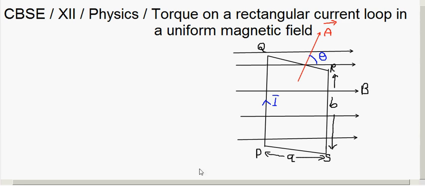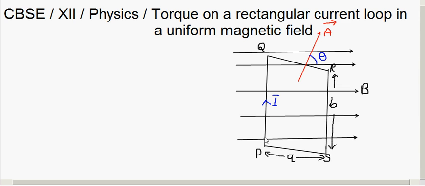Now what happens here is, when you consider the force on the sides PS and QR, the two forces will be equal and opposite, and they are collinear, meaning they lie on the same line, and hence they cancel each other.